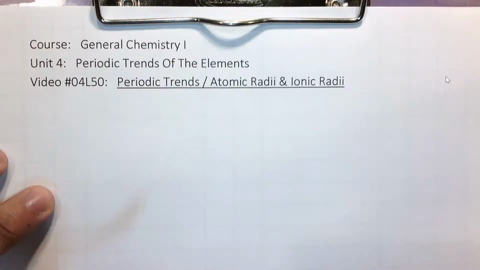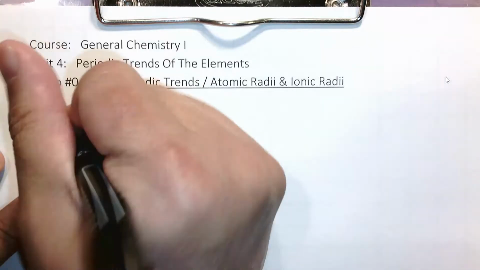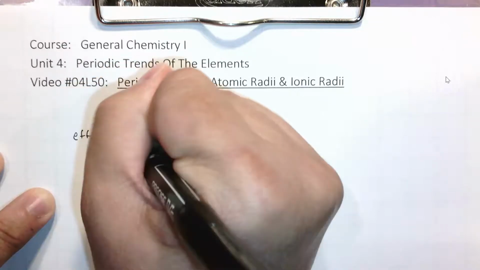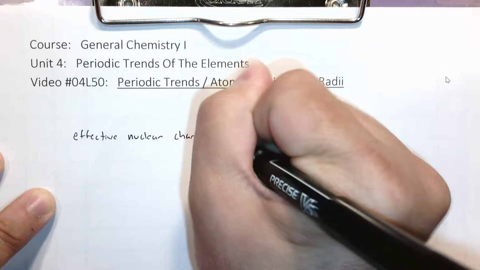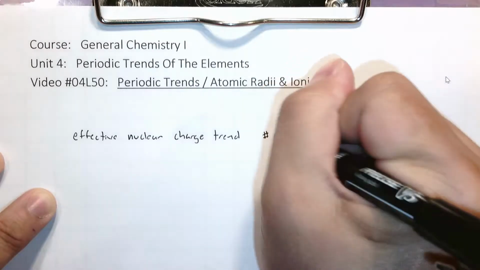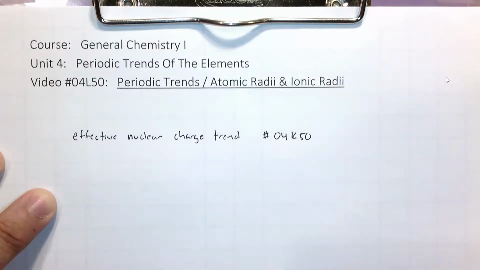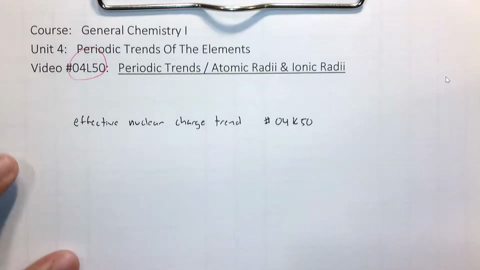Before I tackle those two trends, the first trend that I did talk about was effective nuclear charge trend, and that was in video 04K50. These are the next two trends, atomic radii and ionic radii.